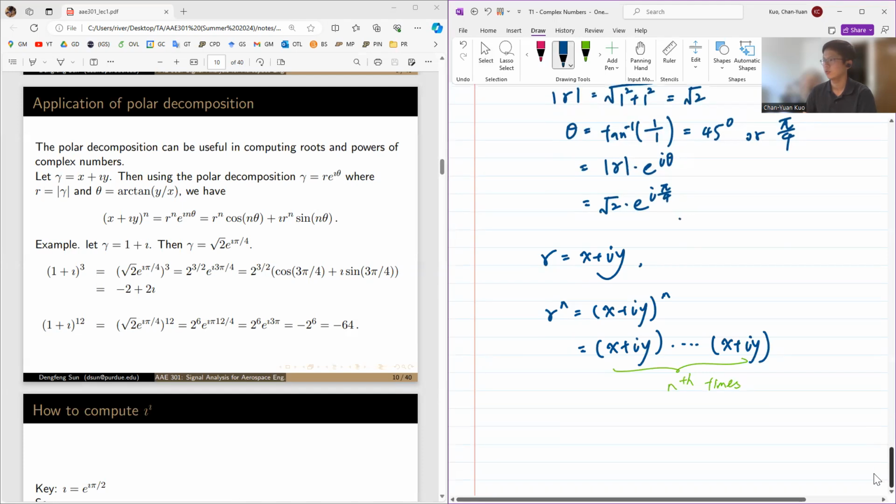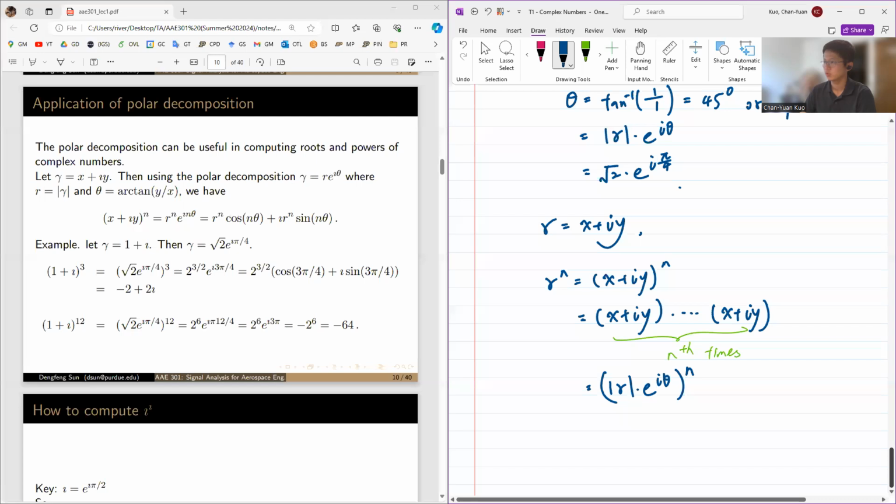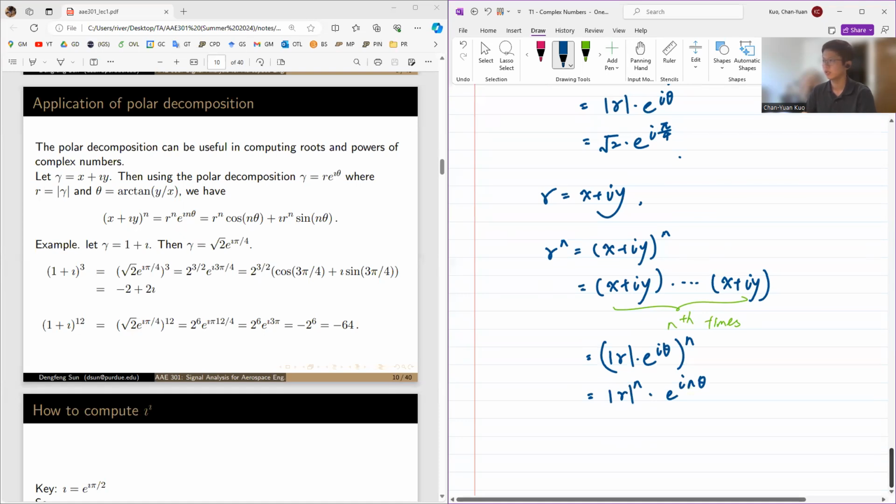But now if you express gamma in polar form, we will have gamma times e to the i theta, to the power of n. And now this will equal the nth power of the magnitude of gamma times e to the i n theta. So now we can apply the Euler formula to convert this expression back into the Cartesian form.